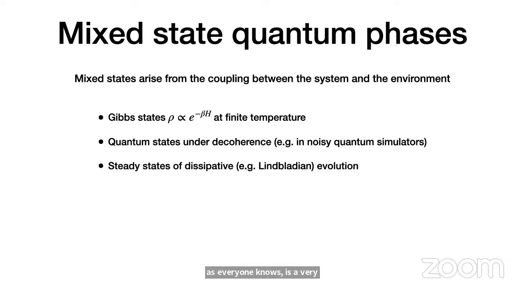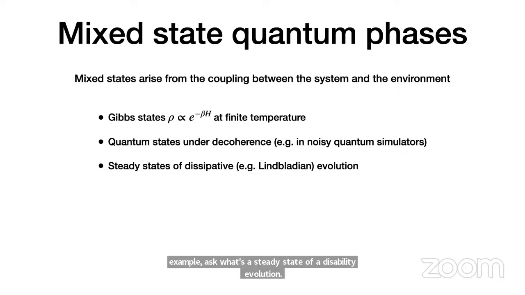And you can also consider dissipative evolution of a quantum system, for example, governed by a Lindbladian equation, and ask what's a steady state of the dissipative evolution. Okay. These are just some common places where we see mixed states.